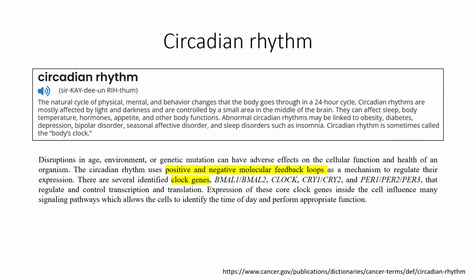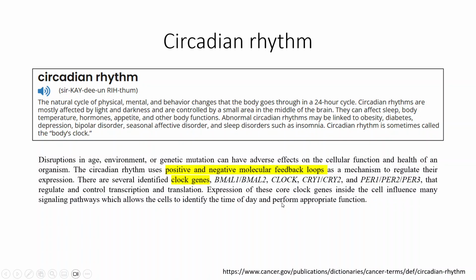And as I mentioned, there are some important clock genes that are part of using these positive and negative molecular feedback loops. And these genes essentially regulate and control transcription and translation of various important factors.